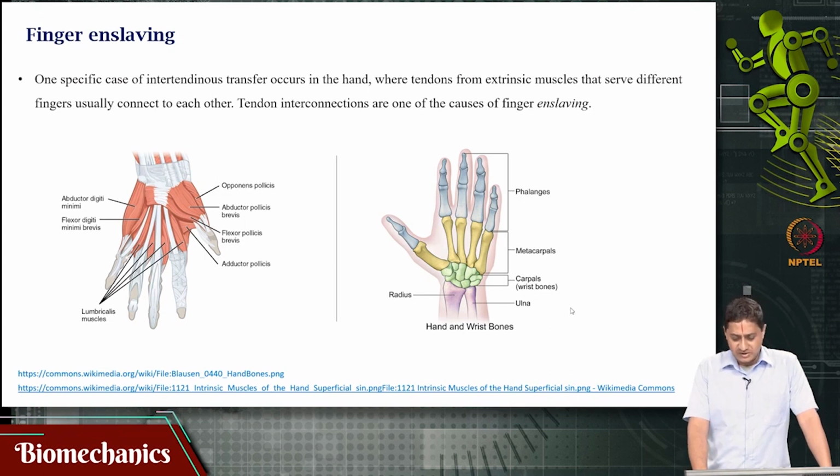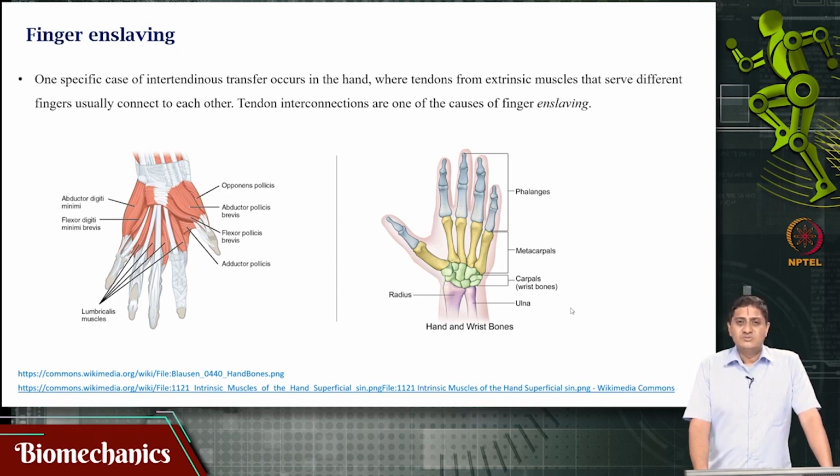One particularly interesting case of intertendinous force transfer happens in the human hand, even in animal hands, but it is the human hand that is of interest for us. In this case, what happens is there are these multi-compartment muscles located in the forearm, whose bellies are located in the forearm, that send long tendons to the fingers. These muscles whose bellies are located in the forearm are called extrinsic muscles because they are external to the hand itself. They are in the forearm.